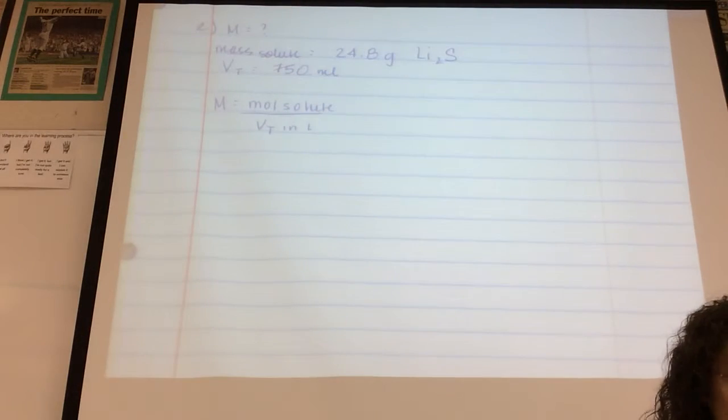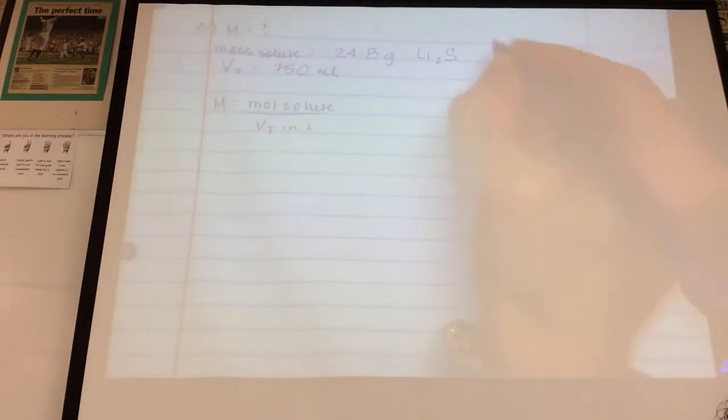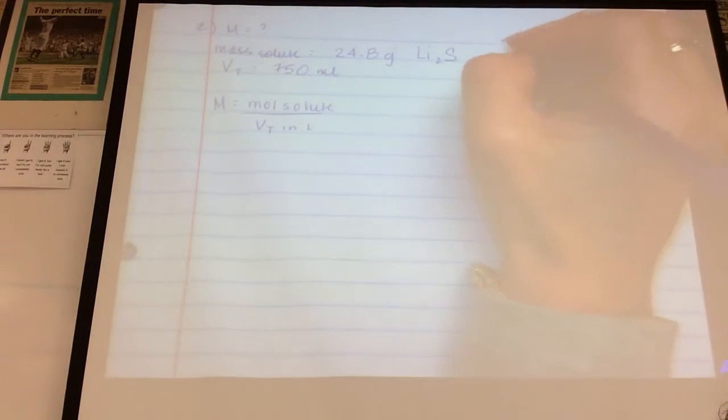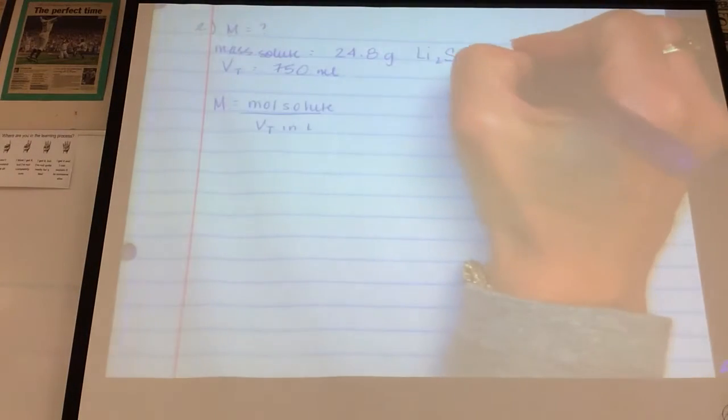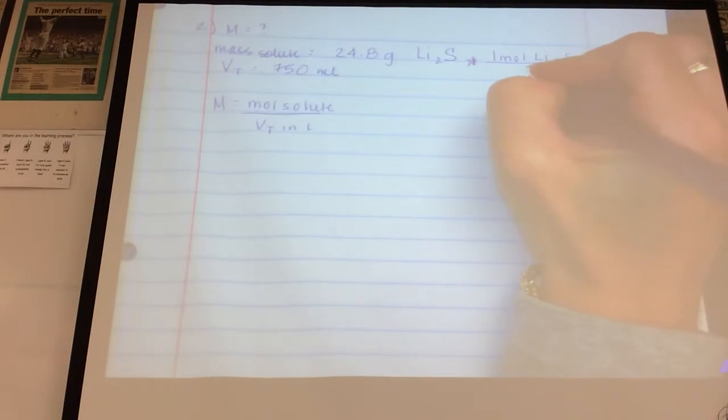So what do I need to do? Go ahead, Cindy. Grams to mole. Absolutely. How do I do that? You calculate the molecular mass of lithium sulfide. Right, and it's formula mass only because it's ionic.